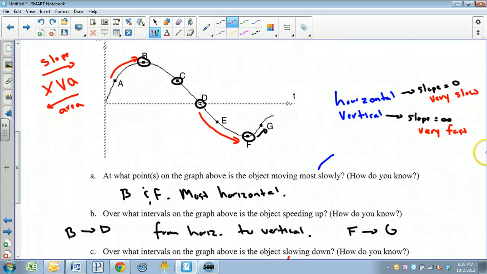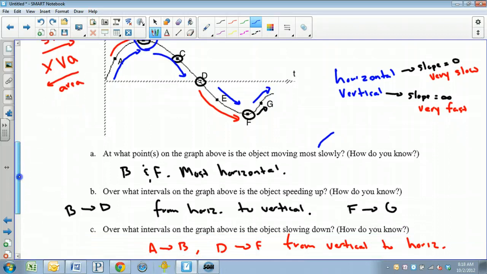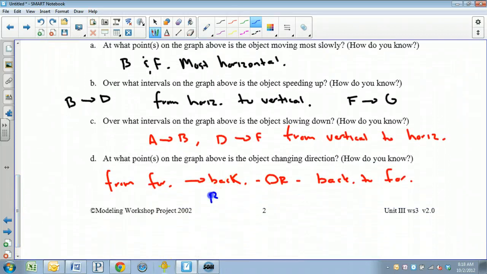So if we take a look, along here it starts to move up, and then it's starting to move down. Somewhere in between it had to stop and turn around, and that point where it's turning around is B. Then later on it's moving down as it goes to the right, and then up as it goes to the right, and so at F it's also turning around. So B and F.